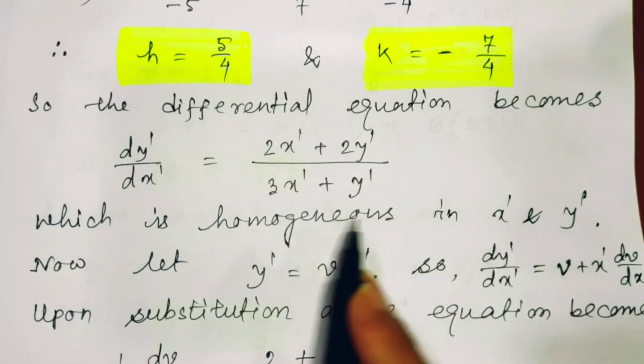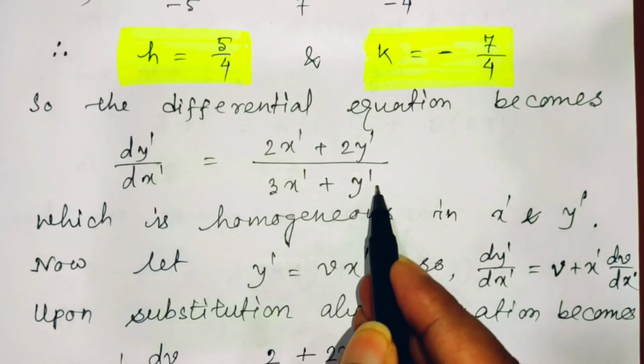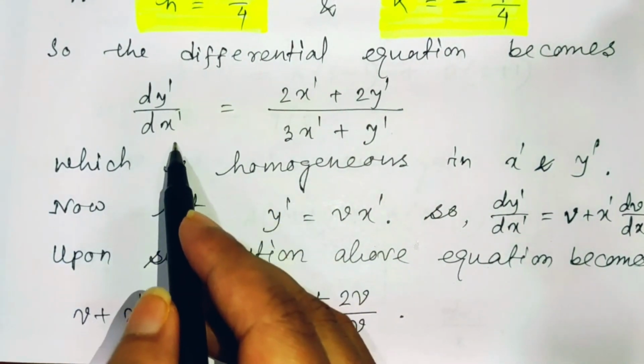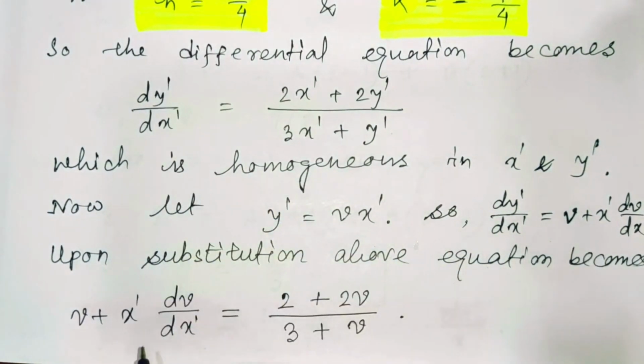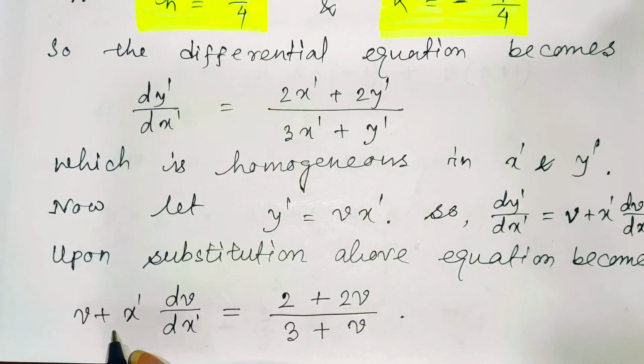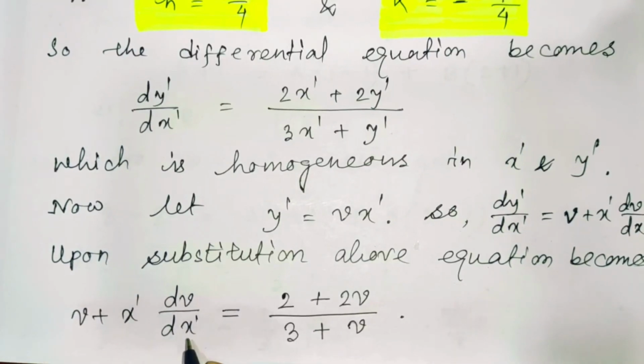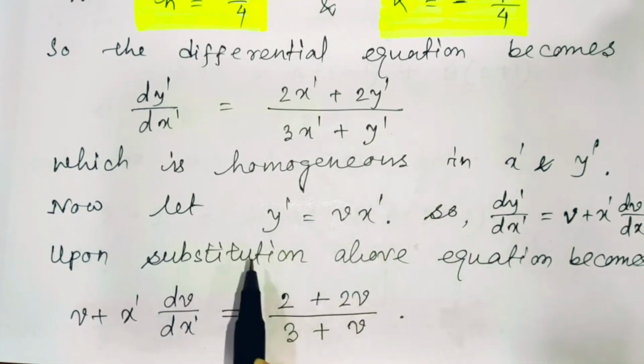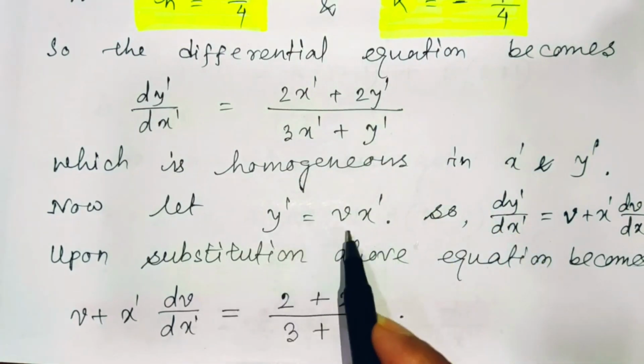Now if we substitute all these values in the given differential equation, then instead of dy dash by dx dash we substitute this, so that we get v plus x dash dv by dx dash equals (2 plus 2v) divided by (3 plus v), because y is equal to v x dash.